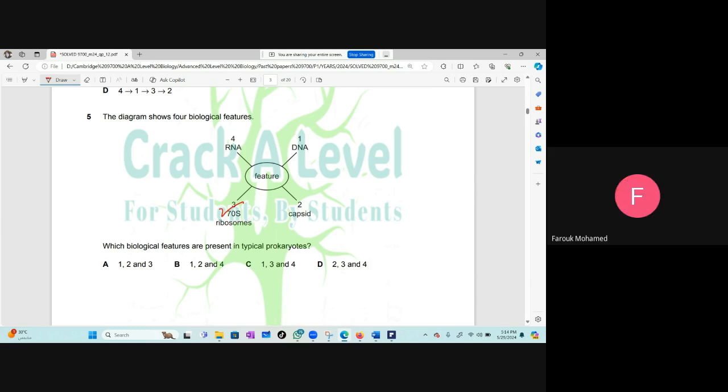The RNA, okay, yes. Bacteria can have any type of genetic material, RNA or DNA. Yes. DNA. Do bacteria have a capsid? No, that's virus. Yes, exactly. So it's 1, 4, and 3. So it's C. 5 is C.